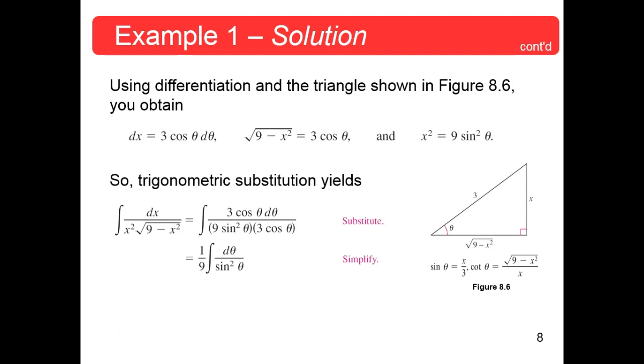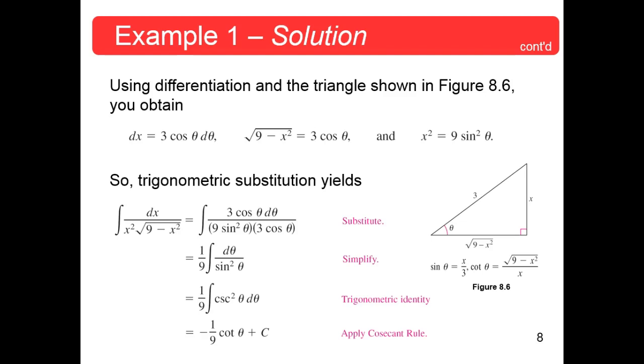Now, what I didn't focus in on, and I should have, was that 1 over sine squared is cosecant squared, so that's 1/9 times the integral of cosecant squared theta d theta, and that is a perfect antiderivative of minus cotangent. So that gives us minus 1/9 cotangent theta plus c, because it's an indefinite integral.